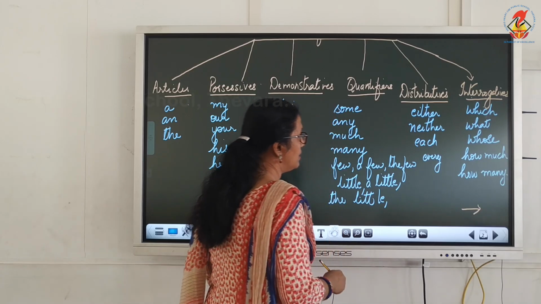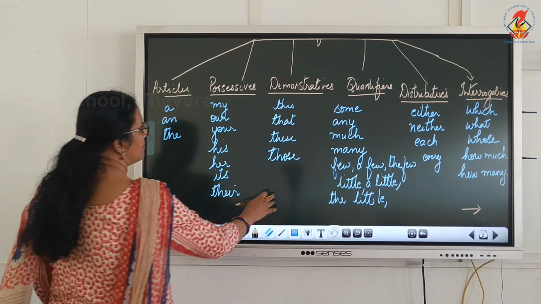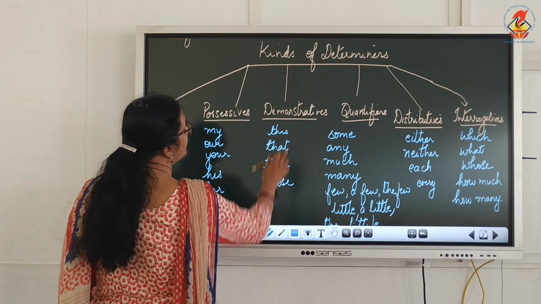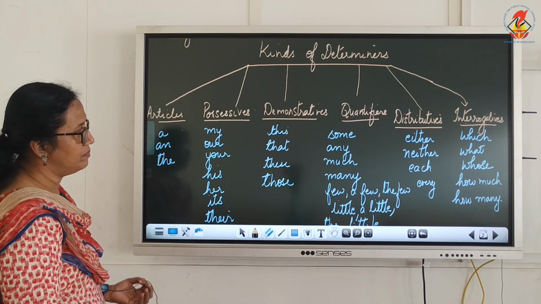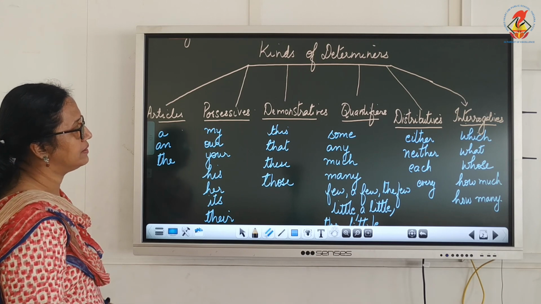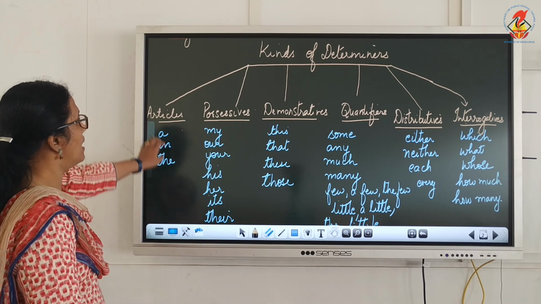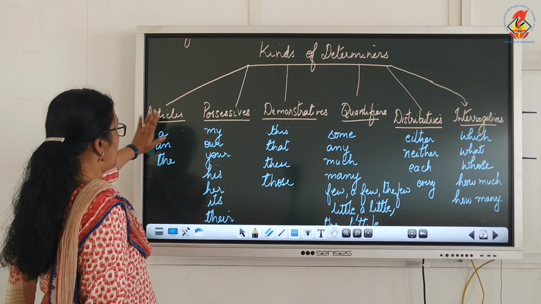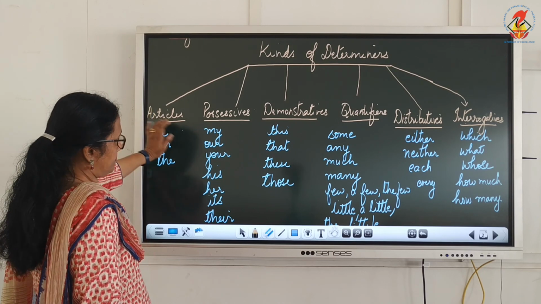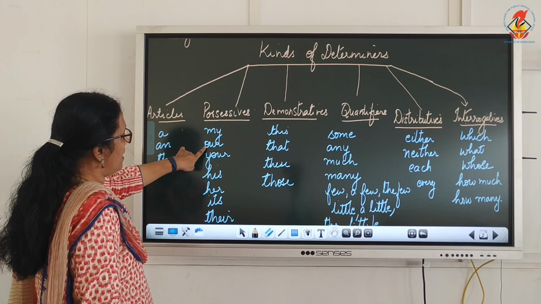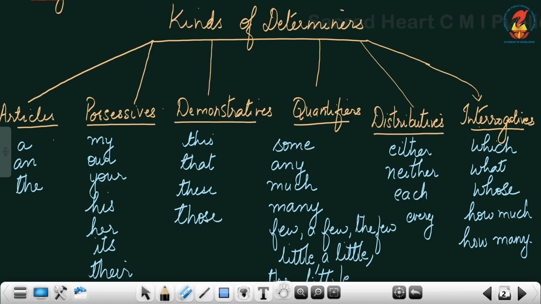So that is how we come to know about the different kinds of determiners. Now just remember, all that I have written in blue are the types of determiners that come under these categories. Articles you all know, a and the. Possessives: my, our, your, his, her, its, their. Demonstratives: this, that, these, those.